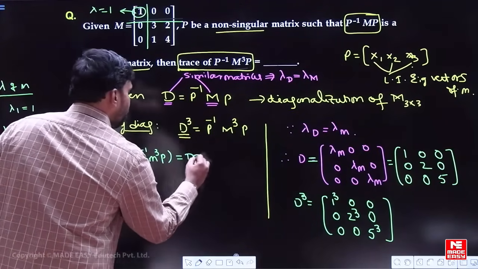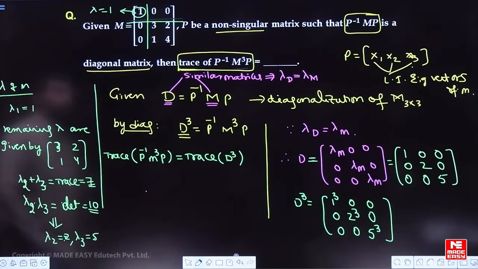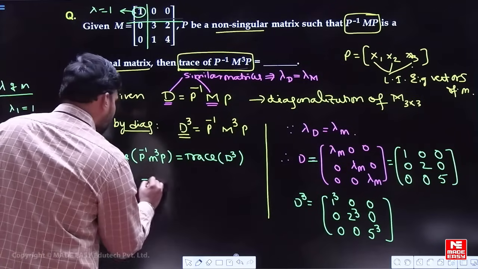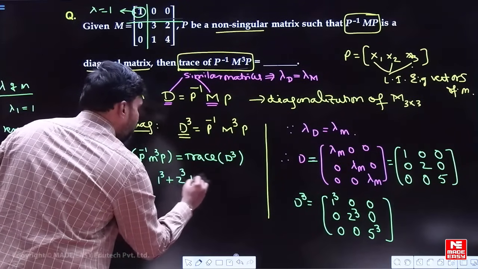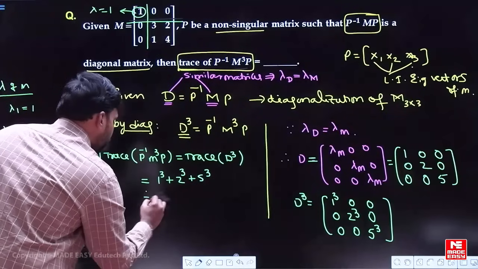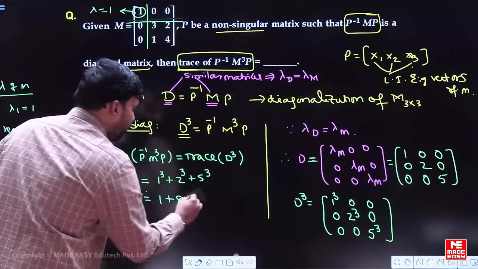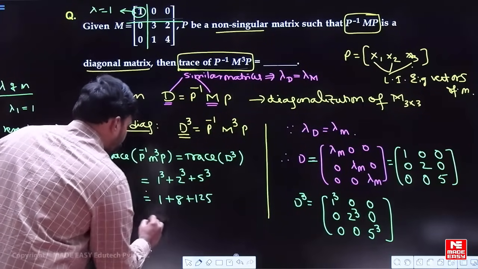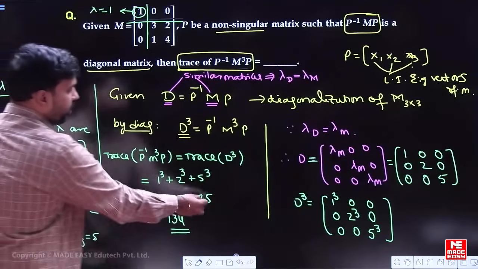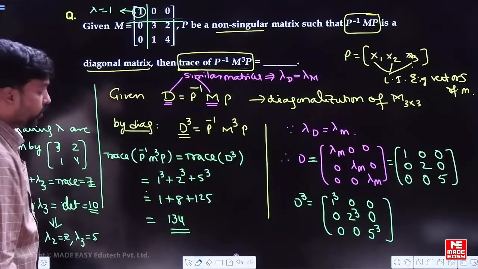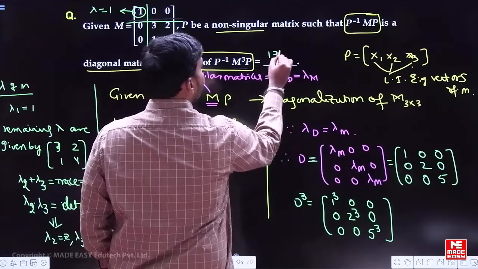It is given by the trace of D cube, that is 1 cube plus 2 cube plus 5 cube. So this is 1 plus 8 plus 5 cube, which is 125. So it will be 134. So the answer for this question is 134.